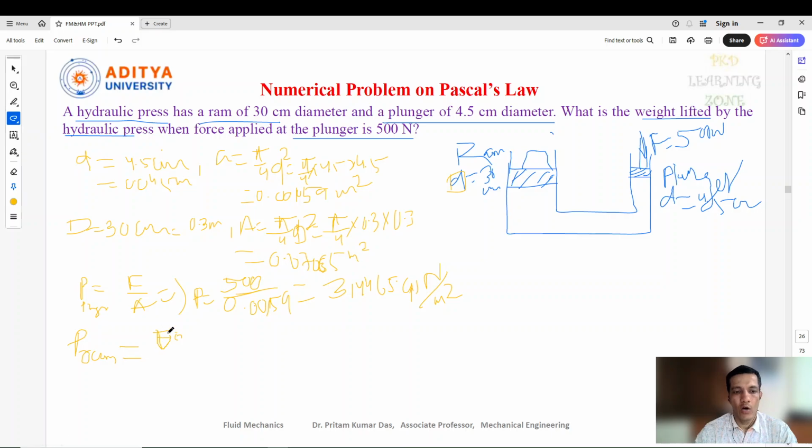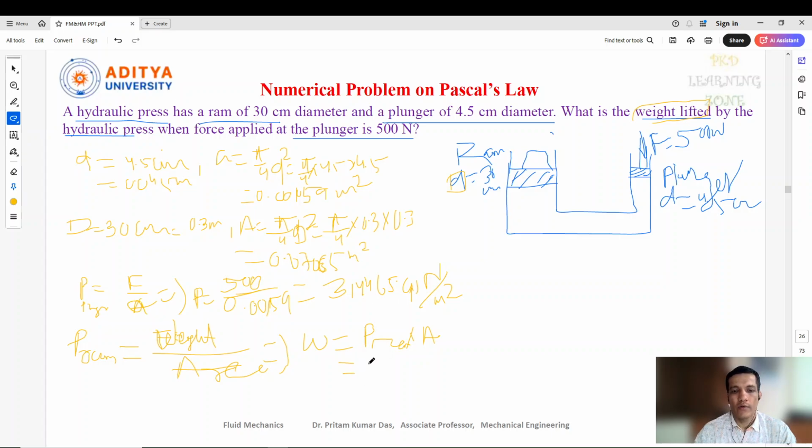So we can write how much weight is going to be raised by this: weight by area. We require the weight lifted here, so W equals P plunger, which is the same as P ram, so P ram into the area at this point. This is actually the small area here, and here it is the capital area.